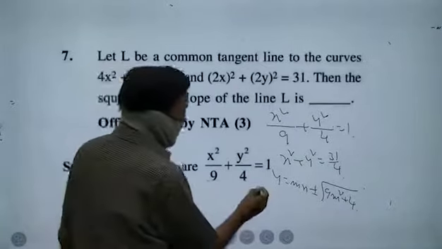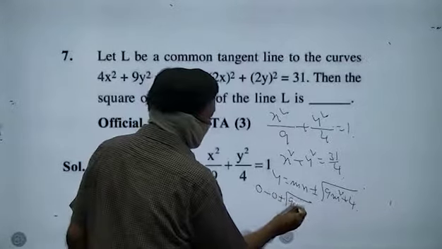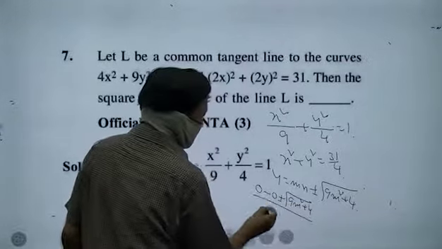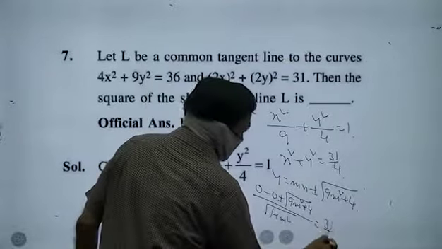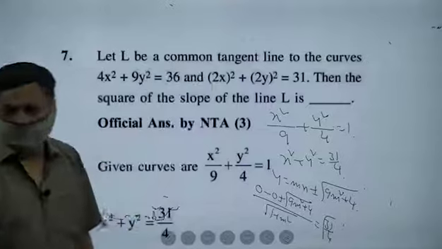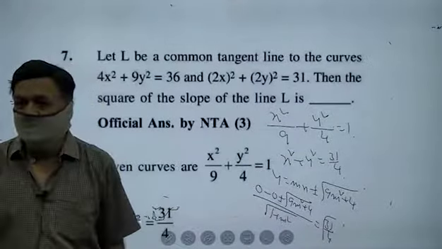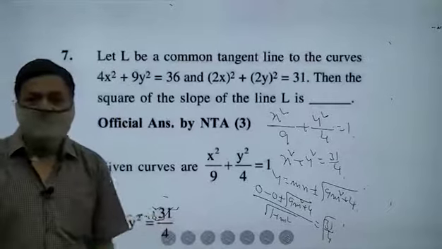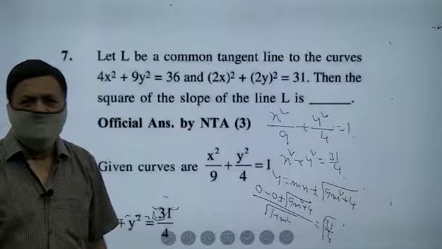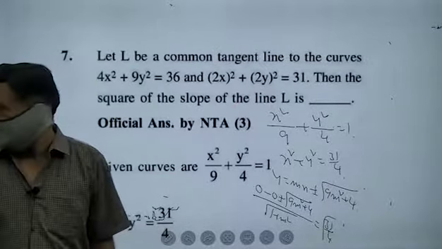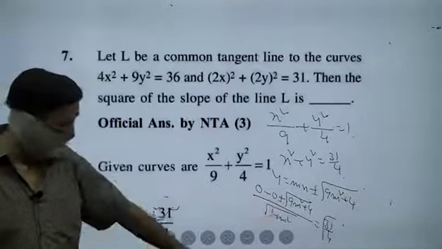So you are going to get 0 minus 0 plus or minus the square root of 9m square plus 4, by root of 1 plus m square. Perpendicular distance is the radius. You can square both sides. You will get a quadratic in m square. You can calculate the m square value. You can do this.